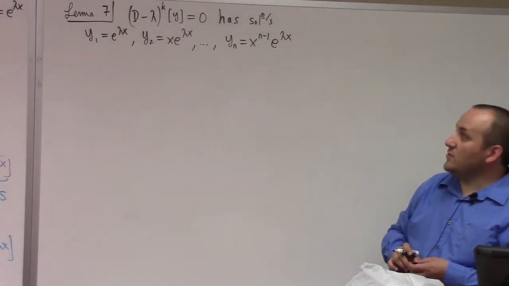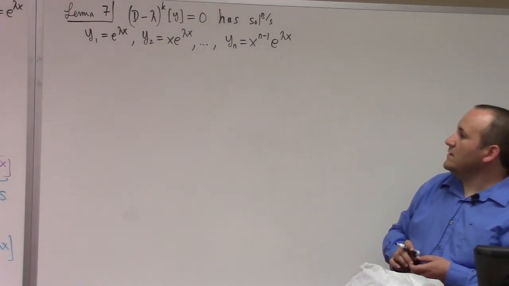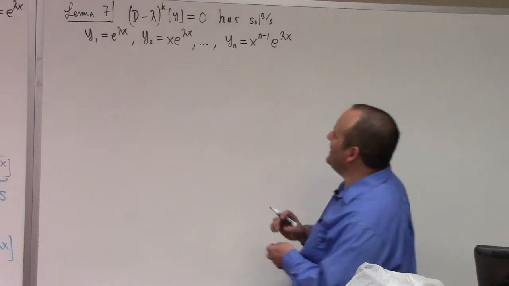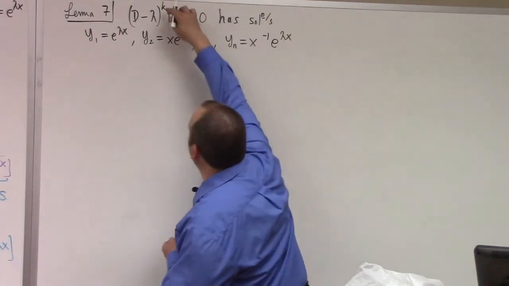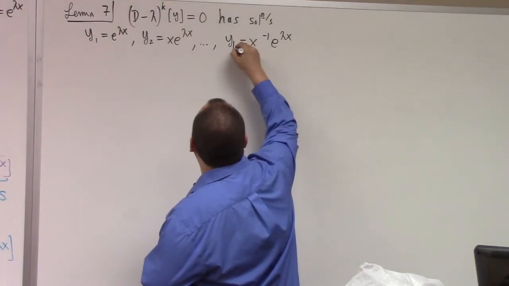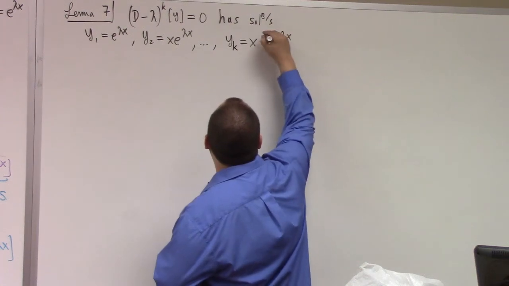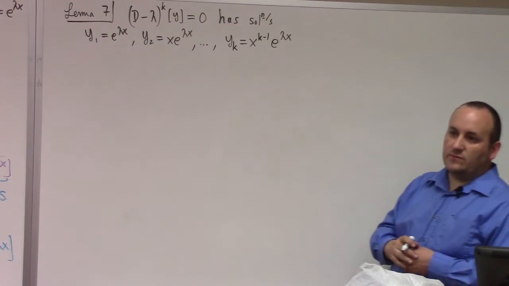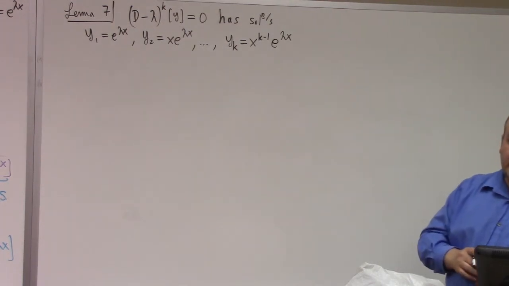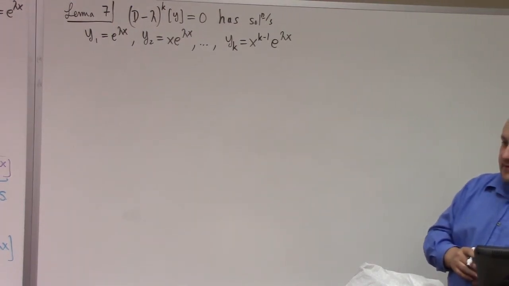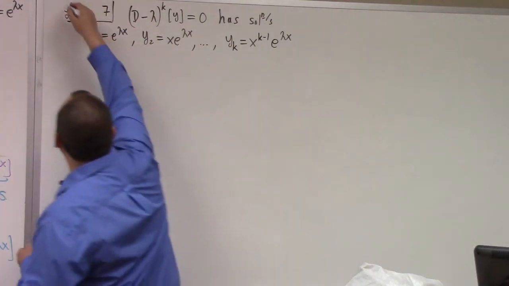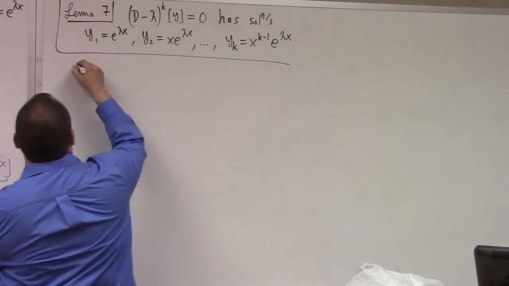I'll only show you y sub n. Did I say n? I'm sorry, I put a k up here, I put an n down here, I can't make up my mind. Let's look at why the last one is a solution. The proof that everything up to the last one is a solution is very similar to lemma 6. So it's almost the same thing again.